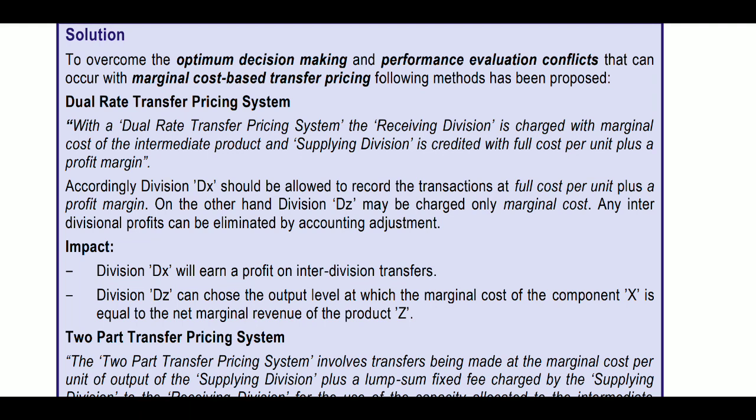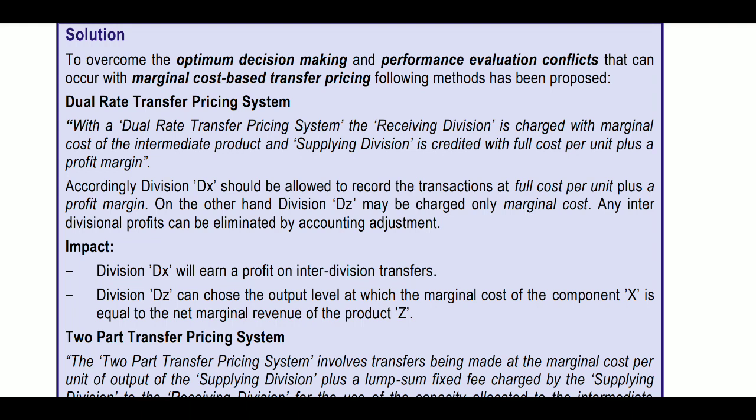In dual rate, the one who is sending will record at a nominal profit margin, and the one who is receiving will record only the marginal cost, whatever marginal cost you incur, and the divisional profits are eliminated.